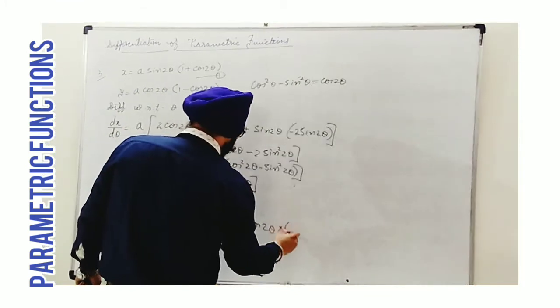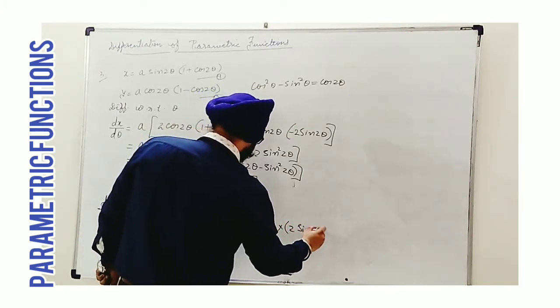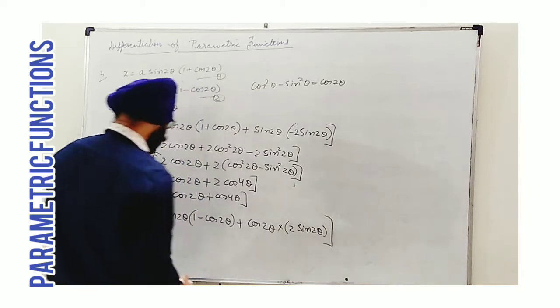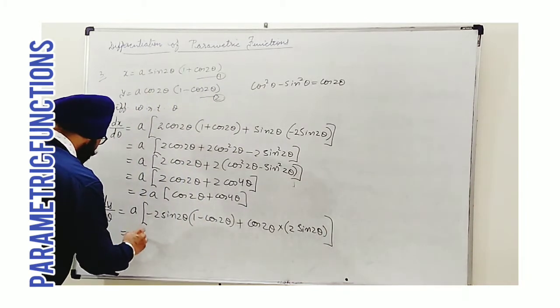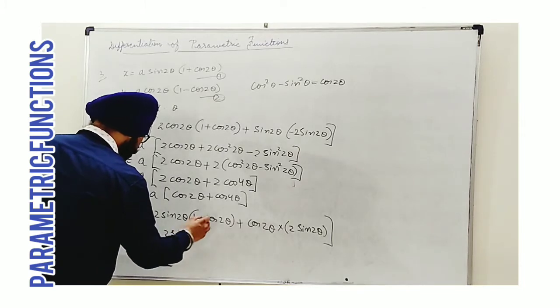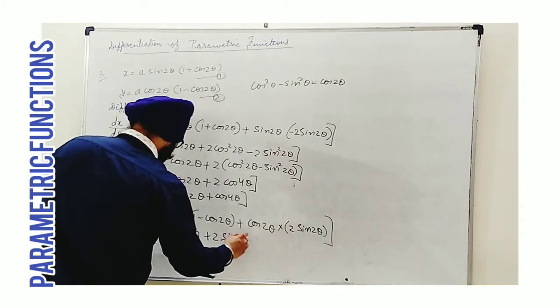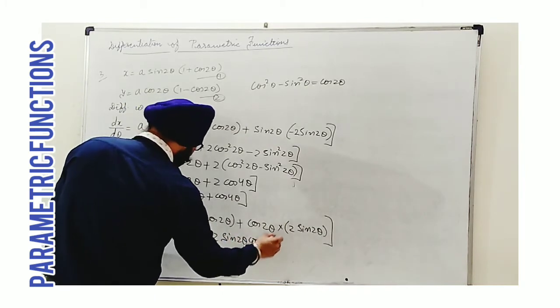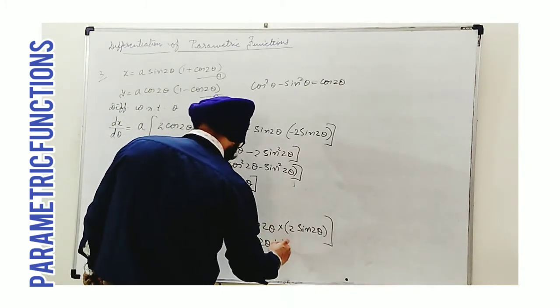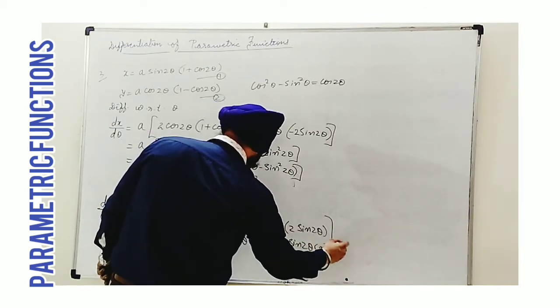So we have 2 sine 2 theta. Simplifying, we get a times minus 2 sine 2 theta plus 2 sine 2 theta cos 2 theta plus 2 sine 2 theta cos 2 theta.